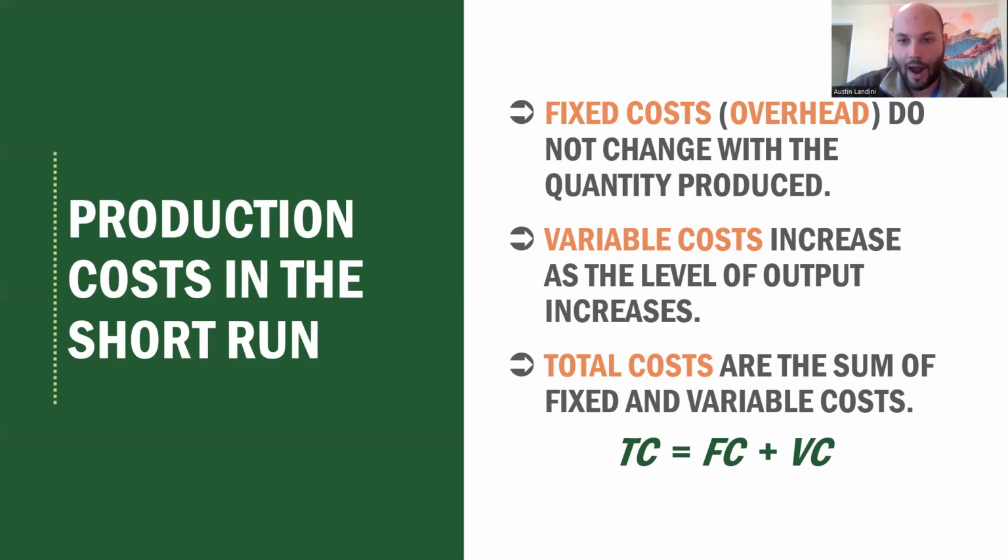You might need to hire some workers, you might need fertilizer, pest repellents, things like that. And the more you plant, the more of the variable inputs you'll need. And so your total cost is going to be the fixed cost plus the variable costs.